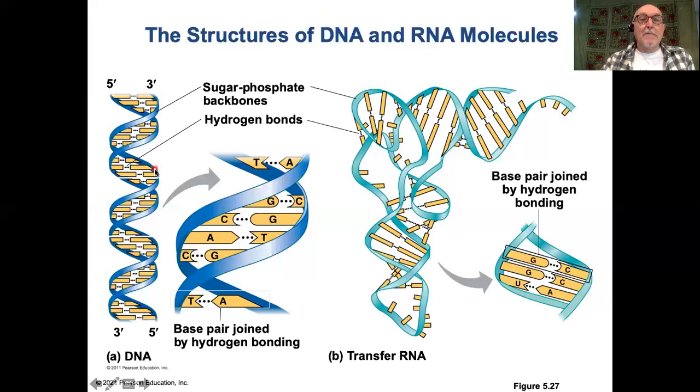So there's a sugar phosphate backbone, and hydrogen bonds between the nitrogenous bases in the middle. DNA is a double molecule. We need to think, though, about the other important nucleic acid that we're going to hear a lot about when we talk about molecular inheritance and everything else, and that is RNA. RNA differs.